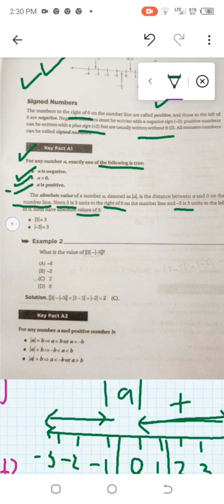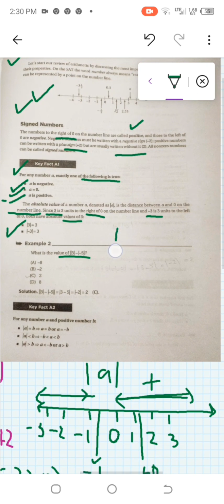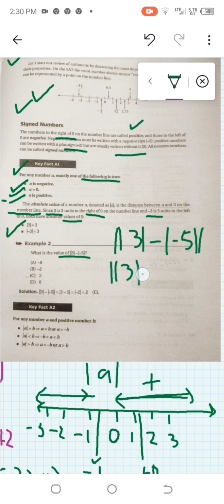Example number 2. What is the value of bar 3 minus bar minus 5 bar bar? We have to find out the value of this. So first of all, we have to merge this. Bar 3 minus 5 bar and bar.